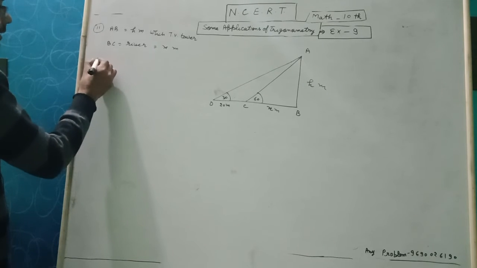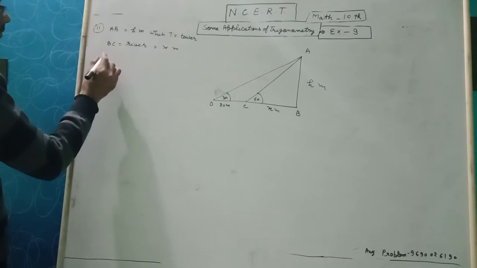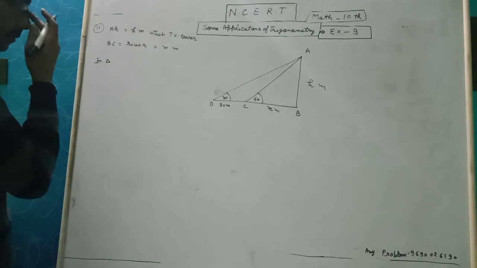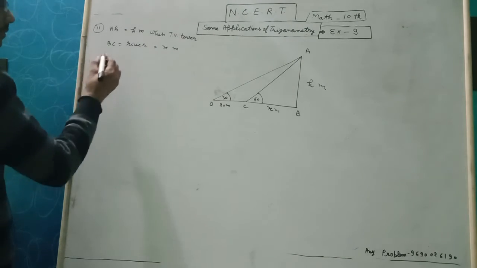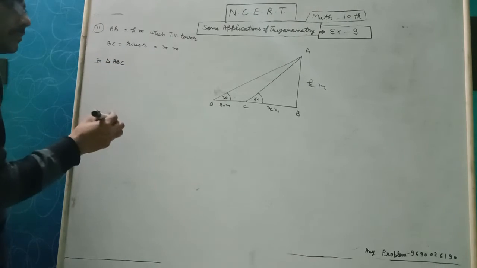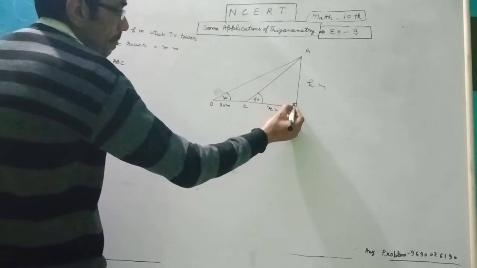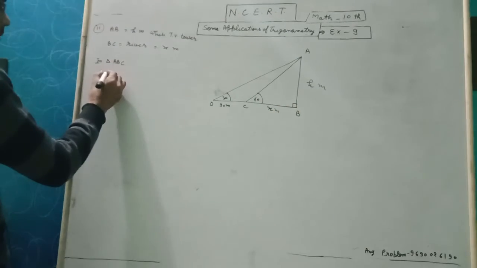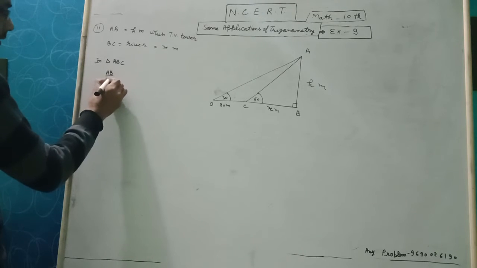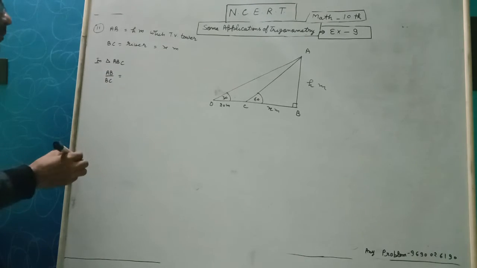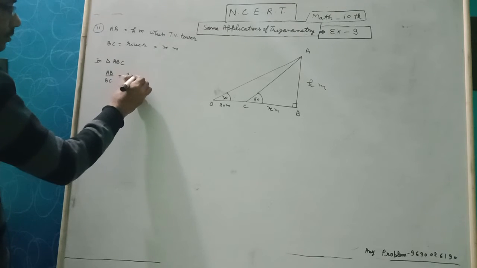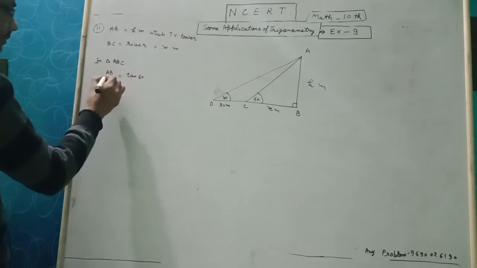In triangle ABC, B is 90, AB upon BC, mean perpendicular upon base is equal to tan 60.